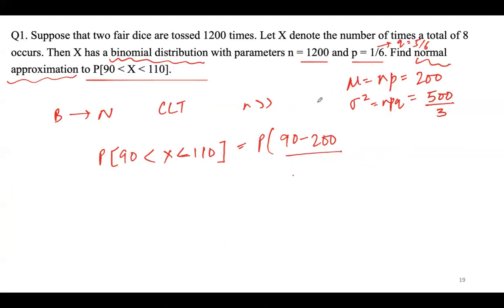So it's going to be 500 by 3 into root of 1200. This is less than x minus the same thing, and here also you're going to have the same thing.